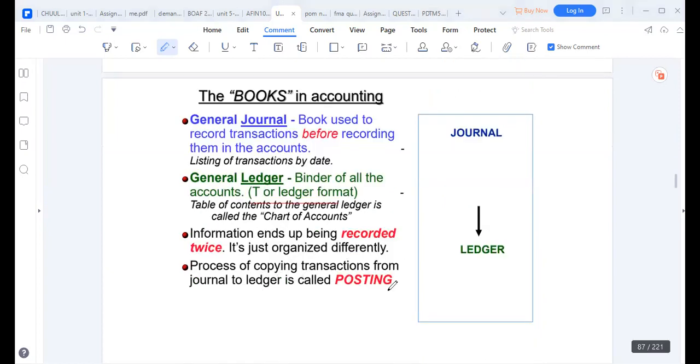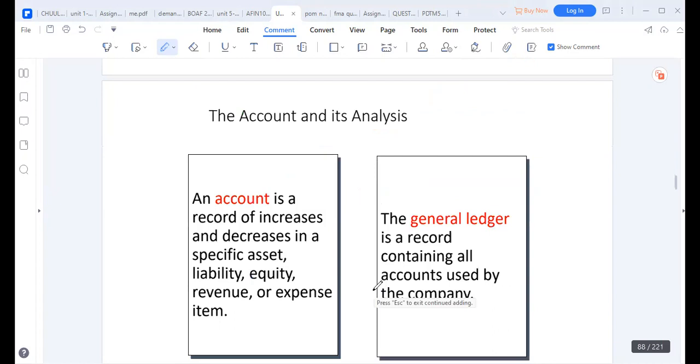So the process of copying transactions from the journals to the ledger is called posting. These are the terms you need to familiarize yourself with. So an account is simply a record of an increase or a decrease in a specific asset, an increase or decrease in a specific liability, an increase or decrease in equity, in revenue, in expense item.